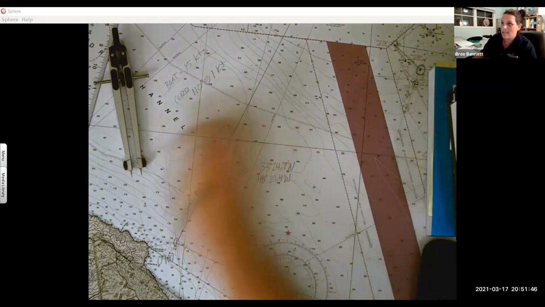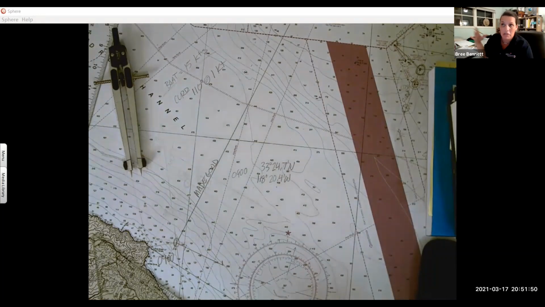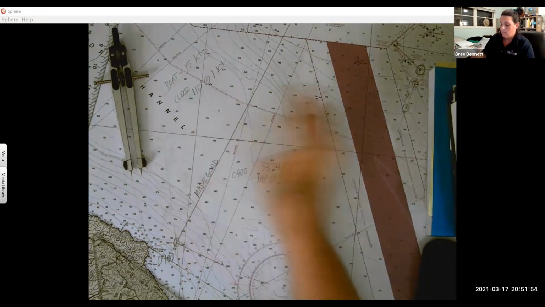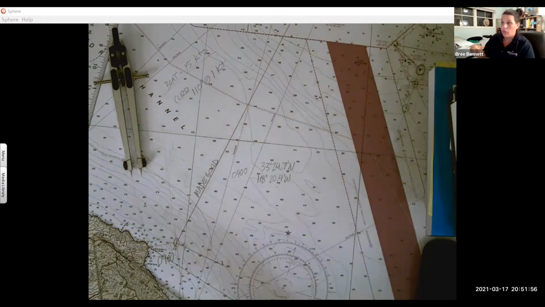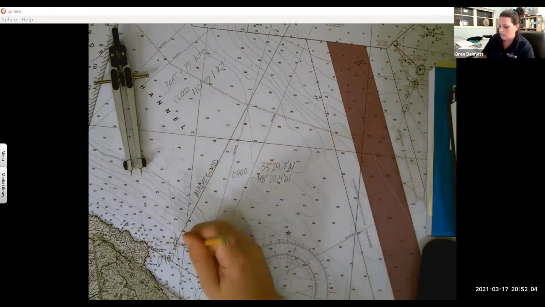So again, I'm making my triangle 30 minutes instead of the hour. You can make it whatever size you want, right? But 30 minutes is more manageable for me and my nav tools than the simplicity of doing it on the hour. So I have my current line.